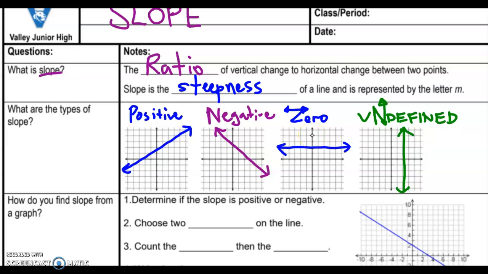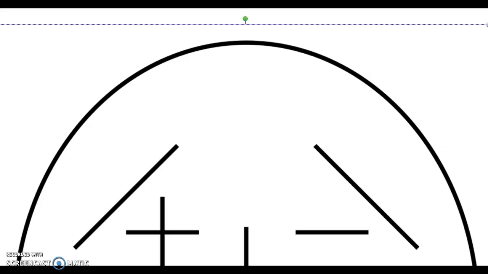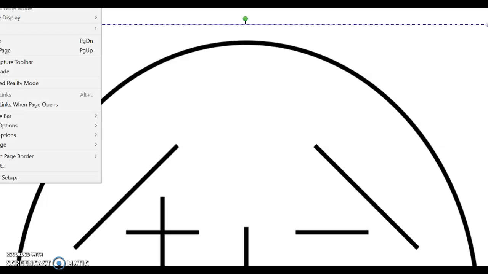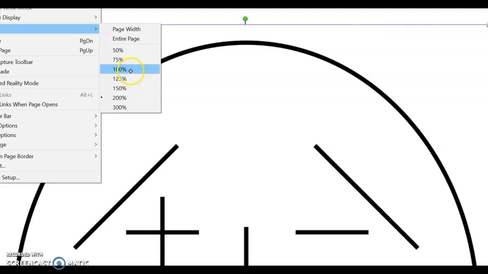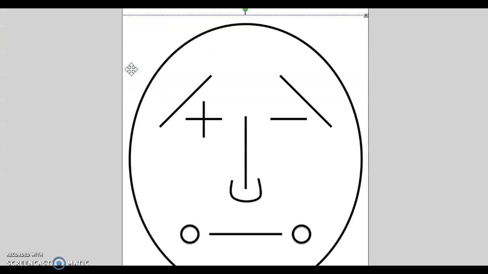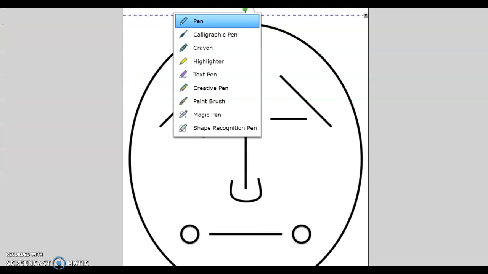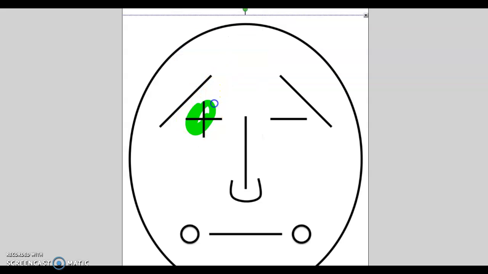Try to remember these. If you can't, there's always slope guy to look at. And slope guy shows you everything you need to know. See, slope guy shows you positive slope, negative slope, and undefined slope.